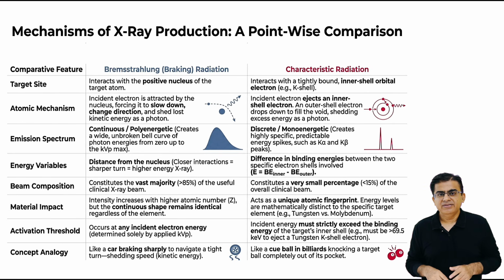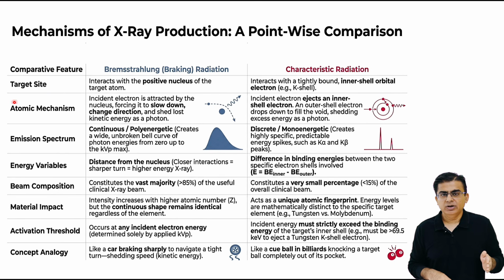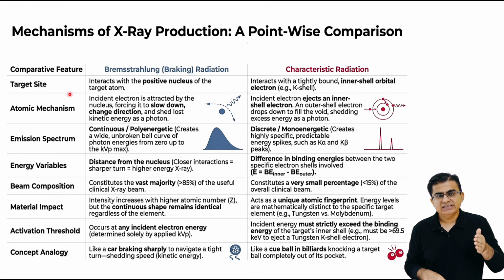Let us now summarize everything we have learned today. This table directly compares our two distinct methods of X-ray production. I want you to pay very close attention to each of these specific points. These differences are absolute must-remember points for you. First, let us look at the exact target site for each interaction.